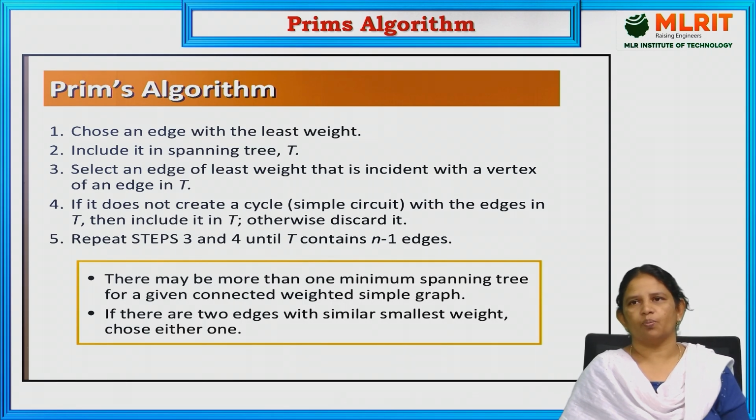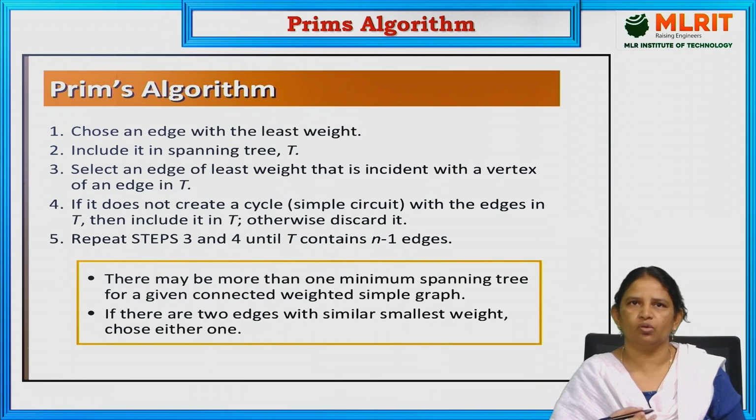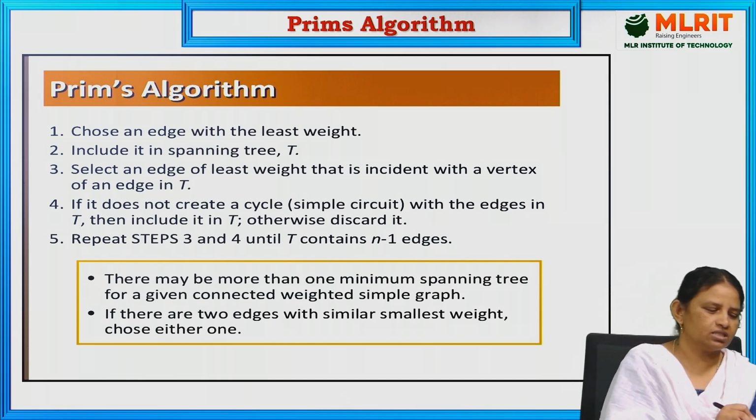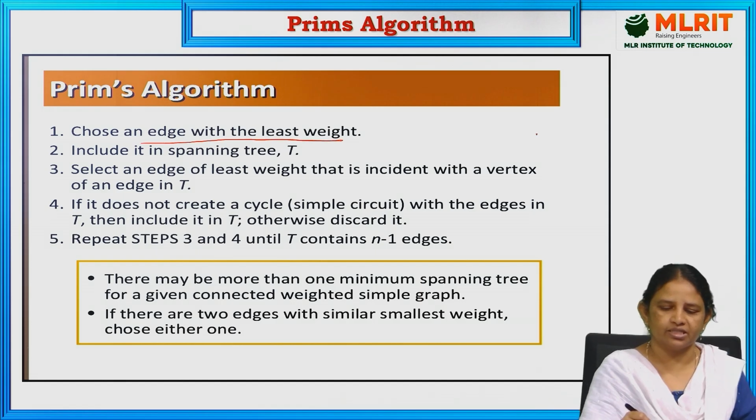So first of all, Prim's algorithm. What are the steps we have to follow to find the minimum cost spanning tree using Prim's algorithm? First step is to choose an edge with the least weight. That means suppose there is a graph consisting of vertices and edges.